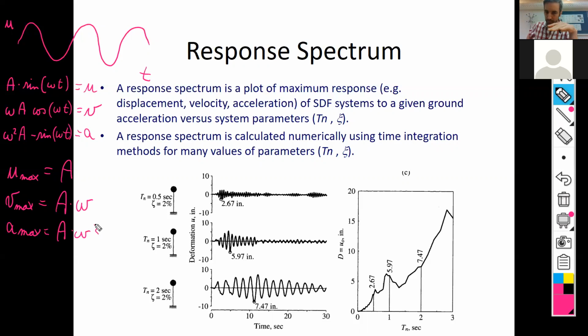Now, in reality, the response of a structure is not a perfect sinusoidal wave, but it is very close to a perfect sinusoidal, particularly around the point where the response is the maximum.